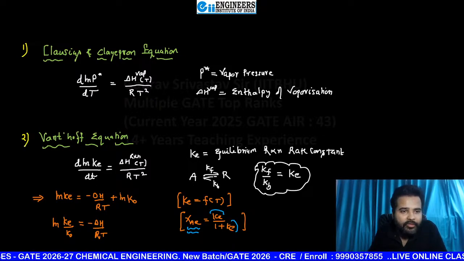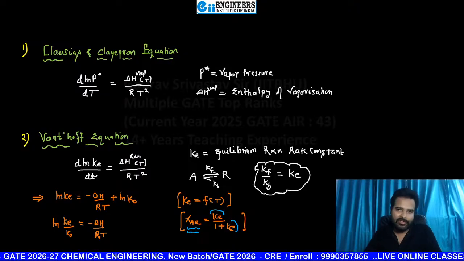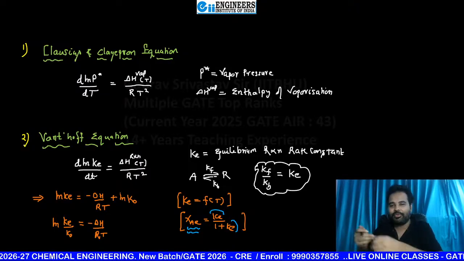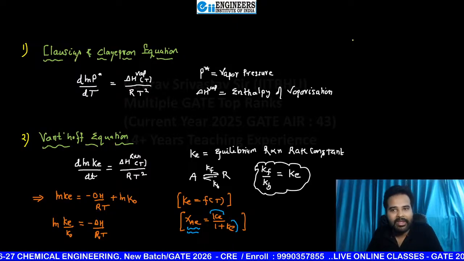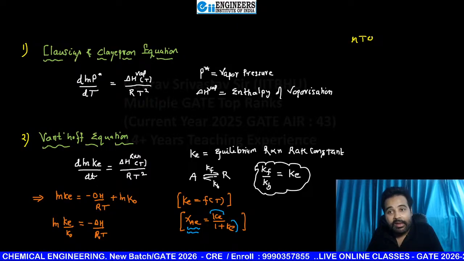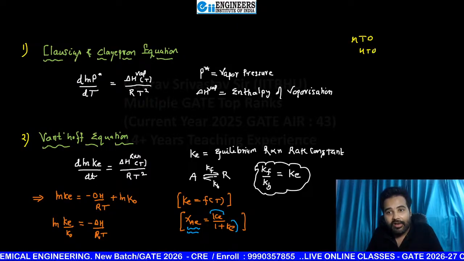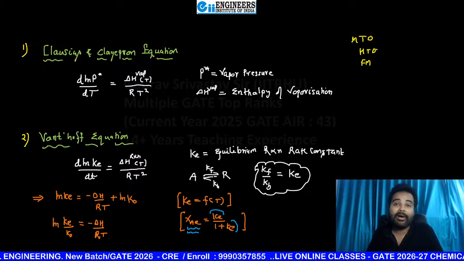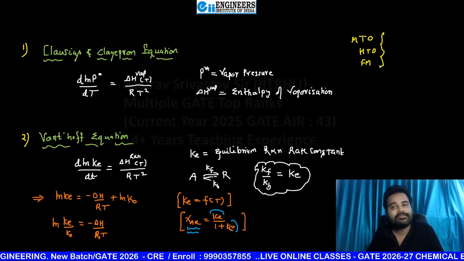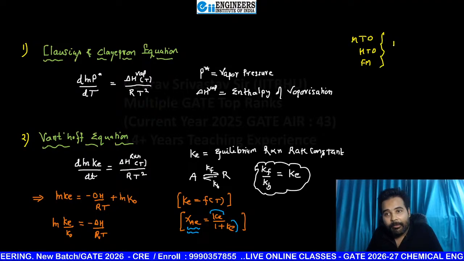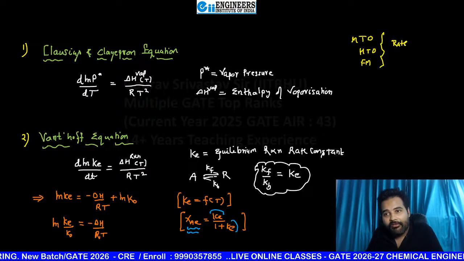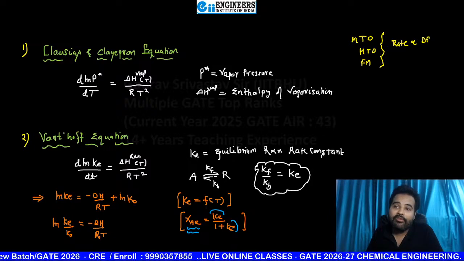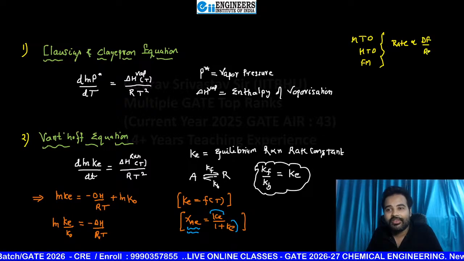Now how does the Van't Hoff equation come from the Clausius and Clapeyron equation? Just be inspired and ignite. You know lots of subject names like mass transfer operation, heat transfer operation, fluid mechanics, momentum transfer, heat transfer, mass transfer. In all of these subjects, beta, the rate of transfer everywhere you can see, my dear students, is proportional to driving force upon resistance.